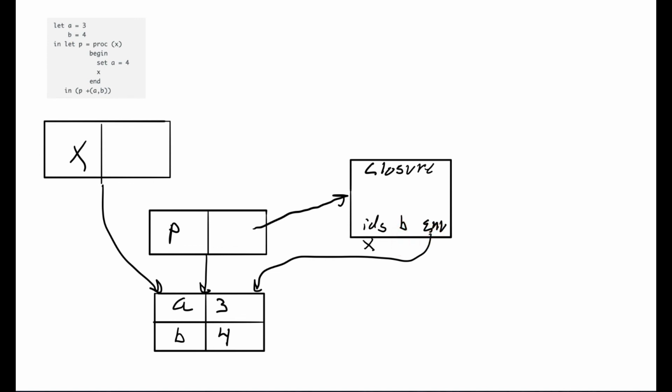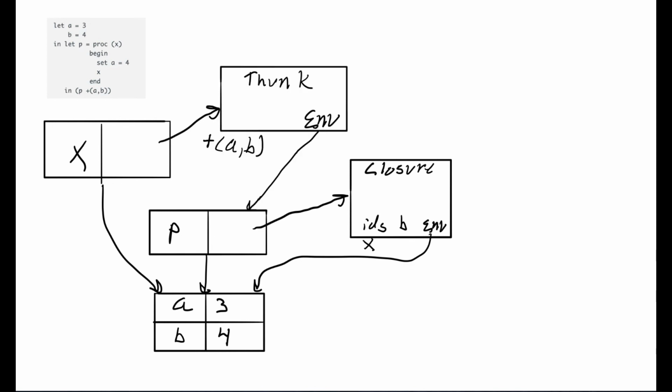And that thing is called a thunk. A thunk is a closure that doesn't have any parameters. So what x really gets bound to, instead of x getting bound to 7, is the code that we would run if we were to pass it in, but we haven't run the code yet. And that is called a thunk.